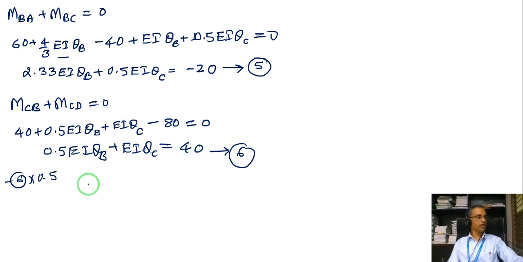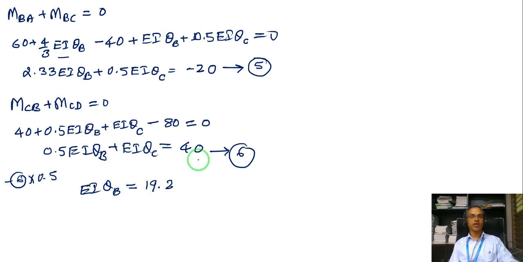So what we get here is theta B: EI theta B is equal to minus 19.2. That means theta B is 19.2 by EI.